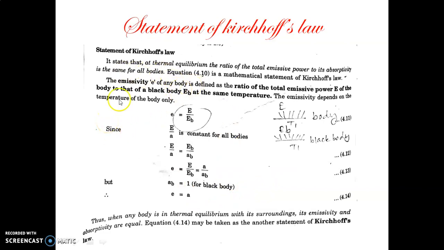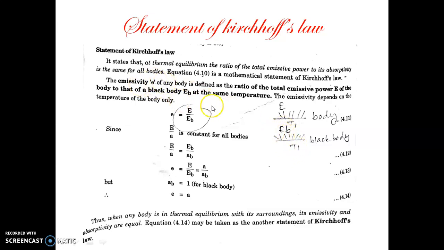Then there is another statement, or we can say another small derivation. Here we have to use the definition of emissivity. What is meant by emissivity? It is the ratio of the total emissive power E of the body to that of a black body at the same temperature. Suppose we take a non-black body whose emission rate is E, and at the same temperature we take the black body whose emission rate is EB.